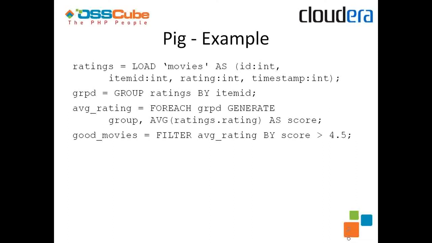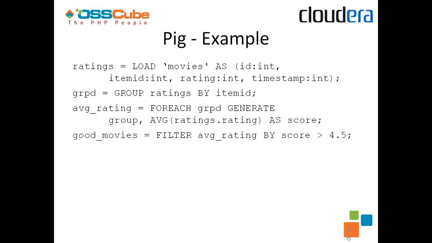Then for that bag, I say, I'm only interested in the average ratings where the score is bigger than 4.5, so filter out everything else and just leave me those records which have a score higher than 4.5, and put that in a new bag called good movies.